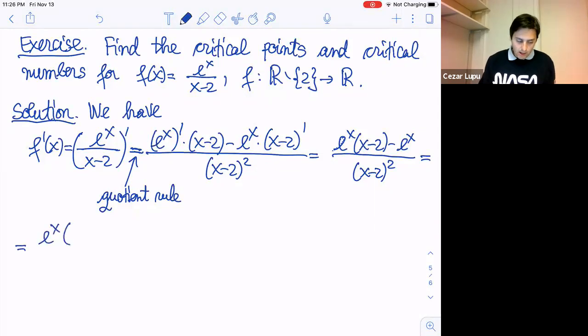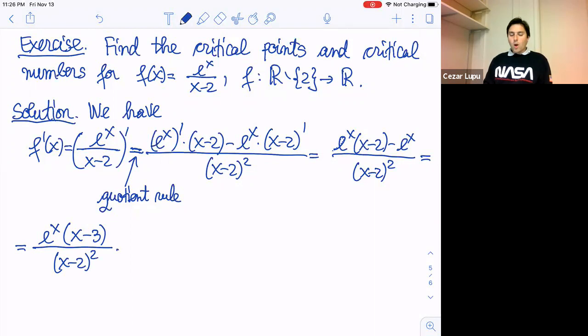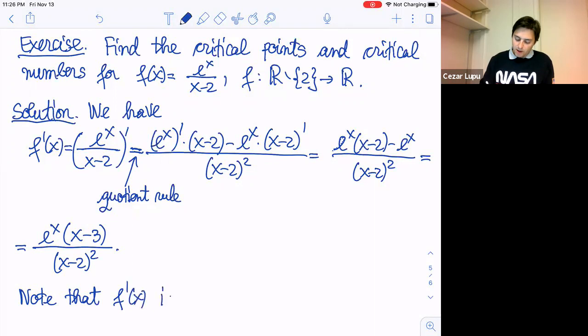We can factor e to the x here, so it will be e to the x times x minus 3, everything over x minus 2 squared. Note that the derivative f prime of x is not defined at x equals 2.